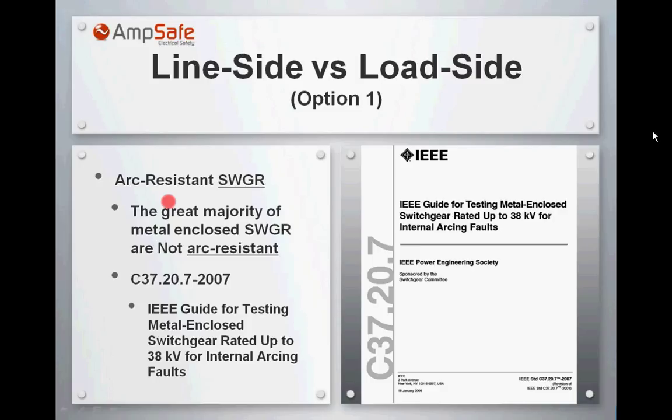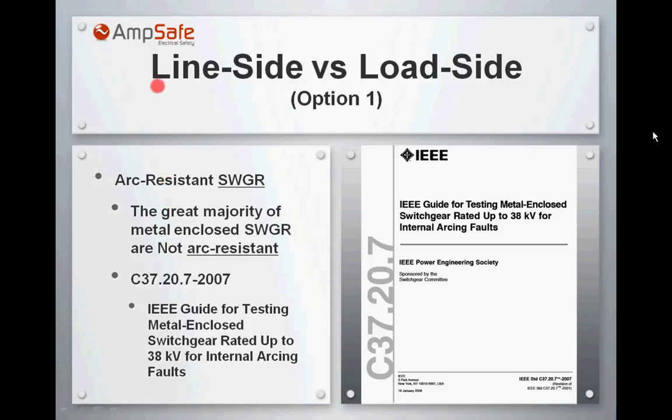In other words, an arc flash in one section is not going to migrate to another section. So the energy is going to be constrained to a specific section, not migrate to the adjacent section, and not migrate outside of the panel. So you have different types of tests and certifications, okay?